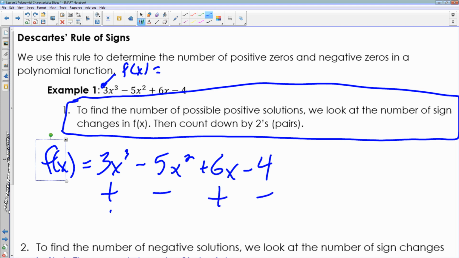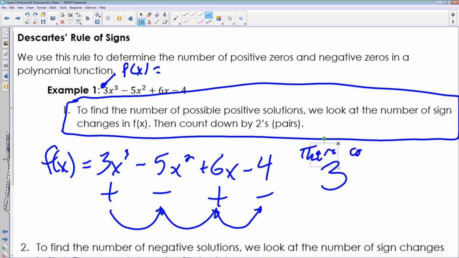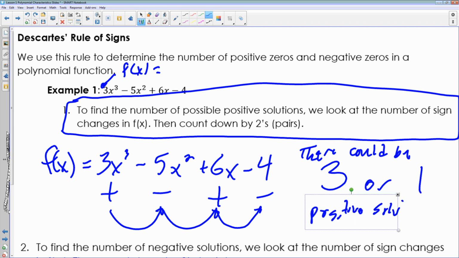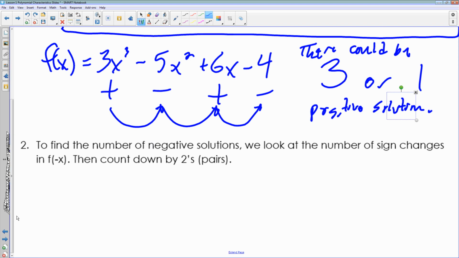So you change from positive to negative, that's one change, two changes, three changes. So 3 sign changes. All right, so there could be 3, or counting down by 2's, 3 minus 2 is 1, or 1 positive solution.